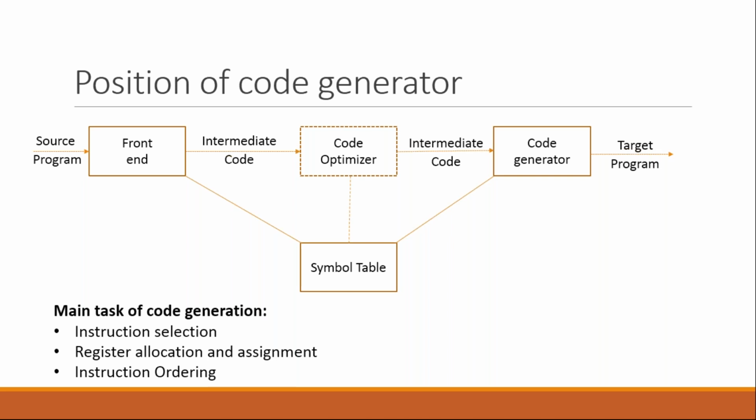So your front end will generate the intermediate code for the code optimization process, and the code optimization also gives the optimized code with the intermediate code, right?